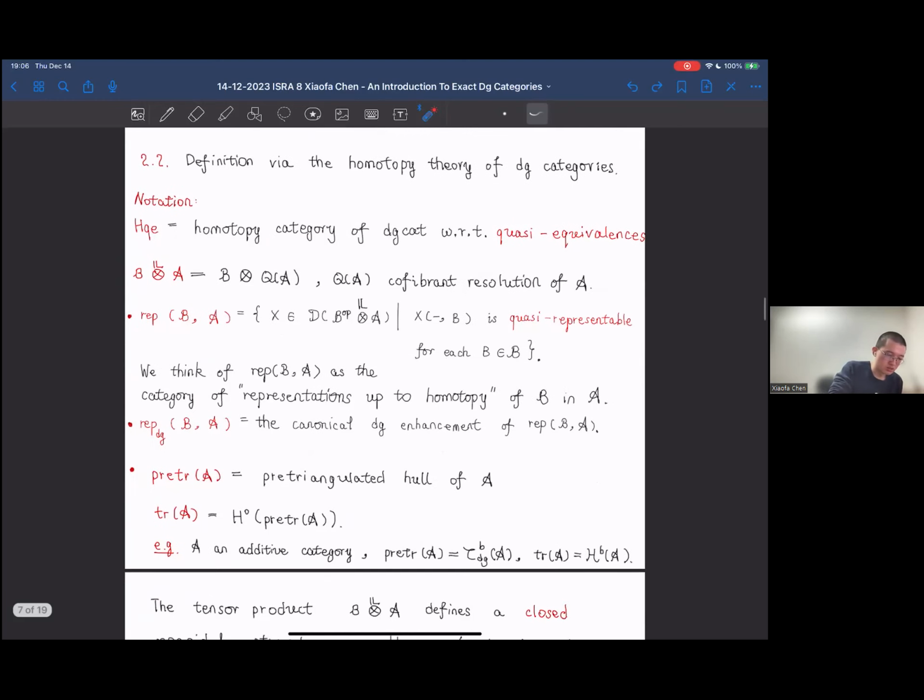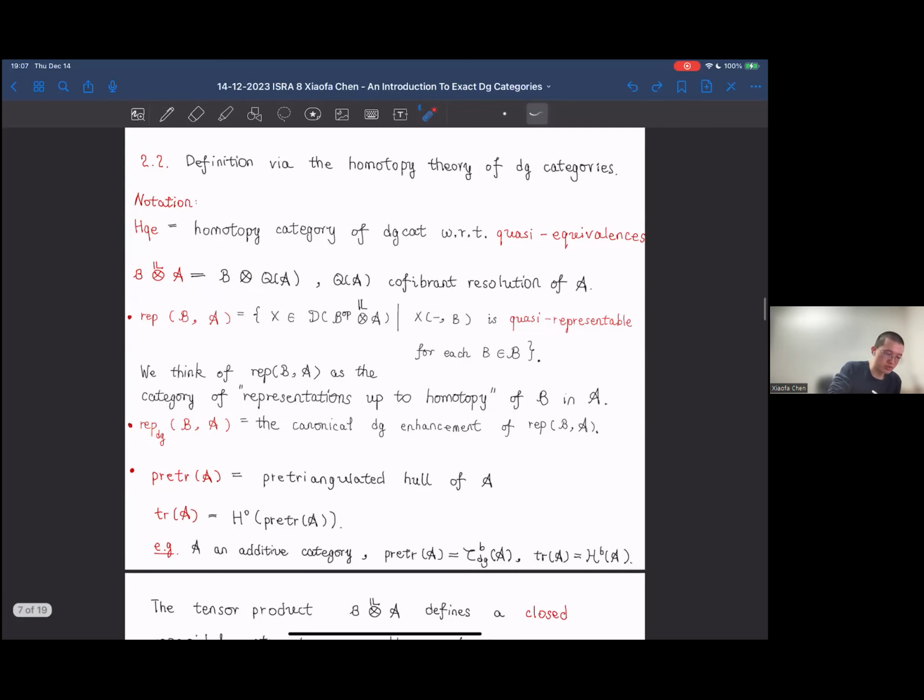And the derived tensor product of DG categories, which we denote by this, is defined by the tensor product of DG categories. So B derived tensor product A is B tensor a cofibrant resolution of the DG category A. And this tensor product will define a monoidal structure on this category HQE.